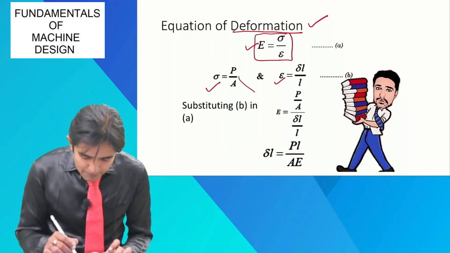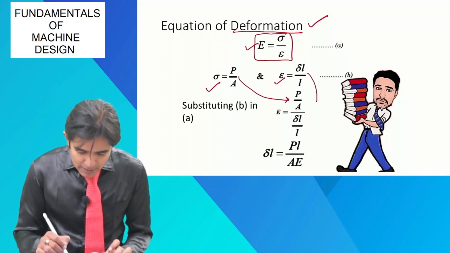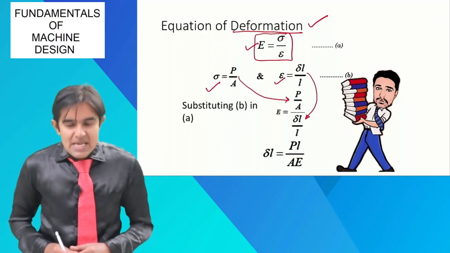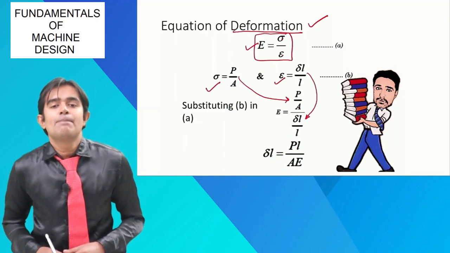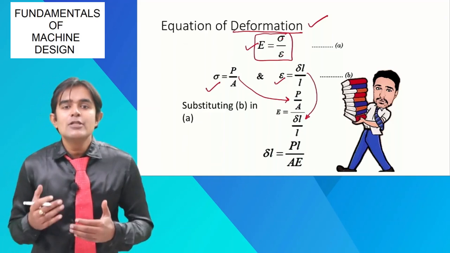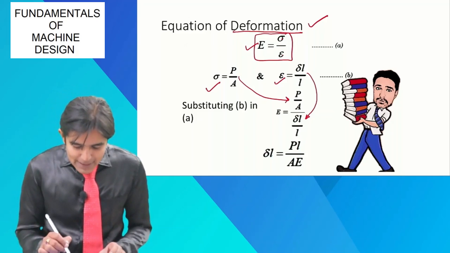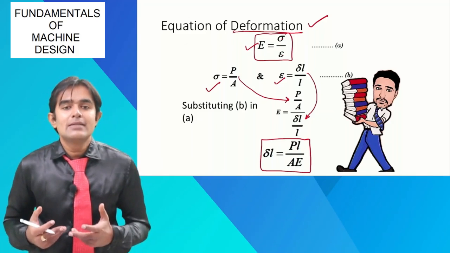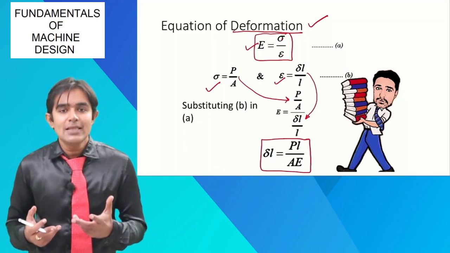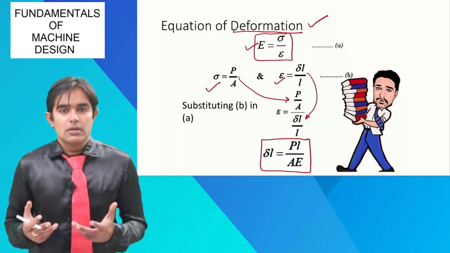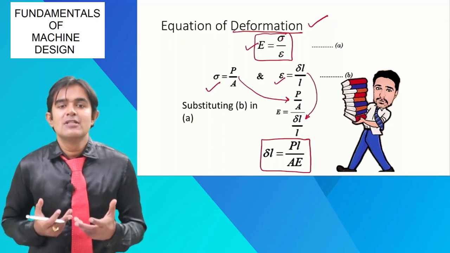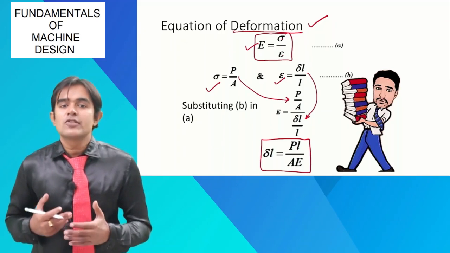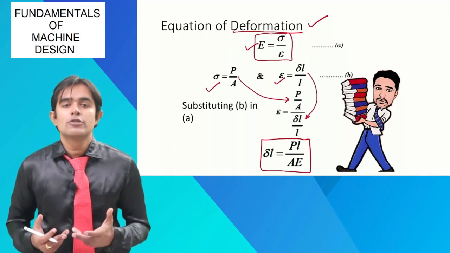If I put the stress value and the strain value, then I'll get P upon A divided by delta L upon L. If I properly arrange the values, then delta L is PL upon AE, where delta L is deformation or change in length, P is the force, tensile force or compressive force, whichever is applied, L is the length, A is the cross-sectional area, and E is the modulus of elasticity.